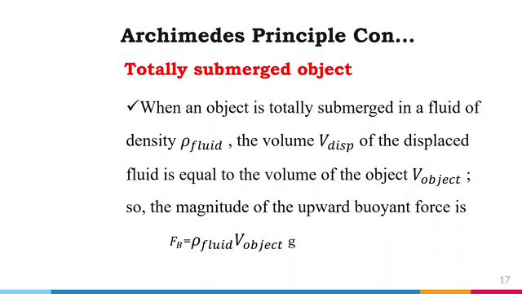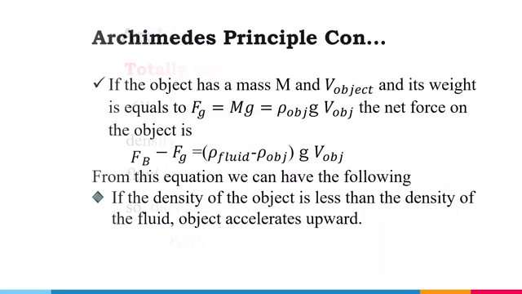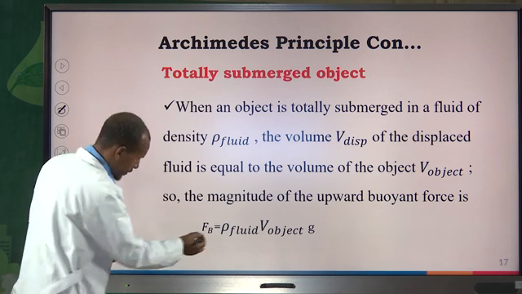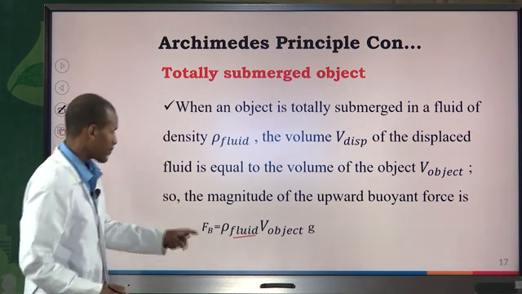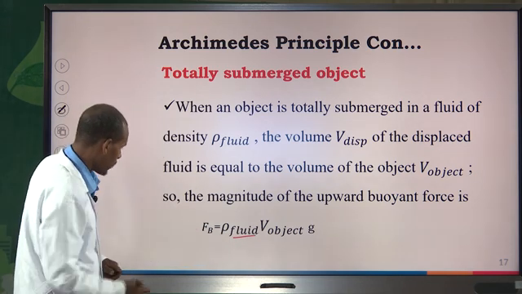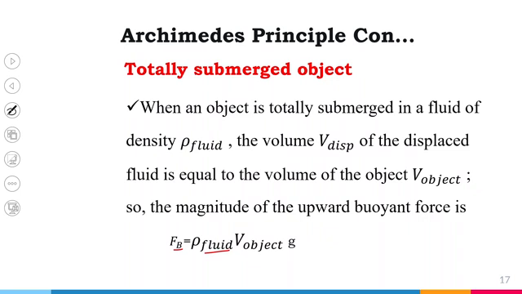The volume V of the displaced fluid is equal to the volume of the object, V object. So the magnitude of the upward buoyant force is equal to the weight of the displaced fluid.